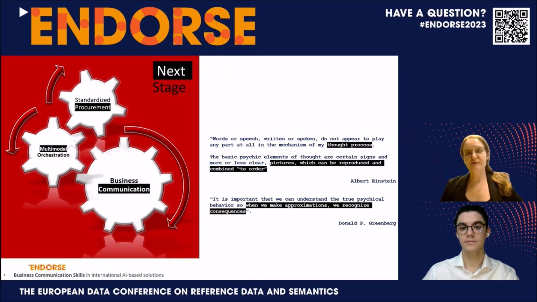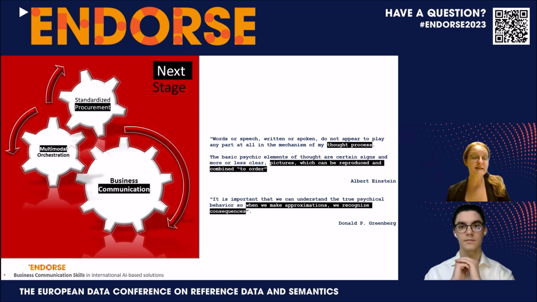So to summarize the research and the main aims and goals of the research and the research questions. First is the quotation that came from Albert Einstein, which is quite popular in all the presentations: the words or speech, written and spoken, do not appear to play any part at all in the mechanism of my thought process.